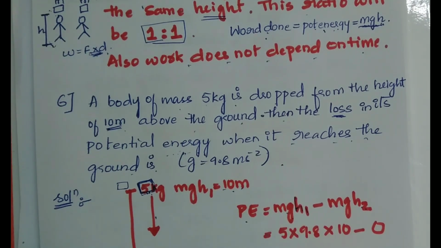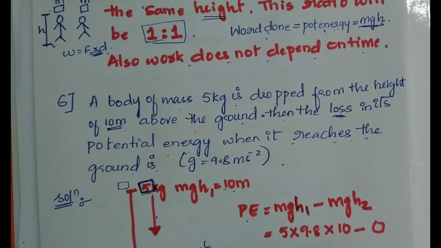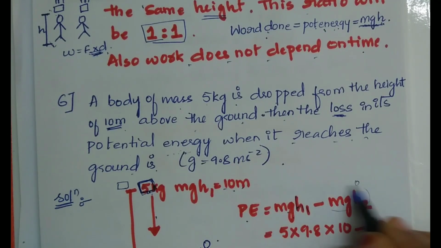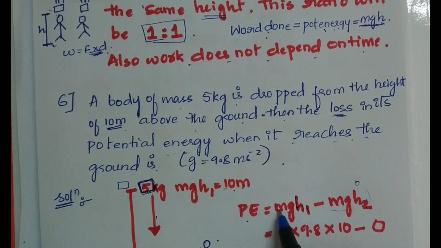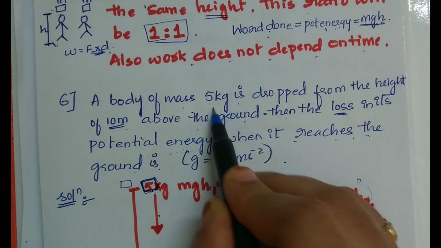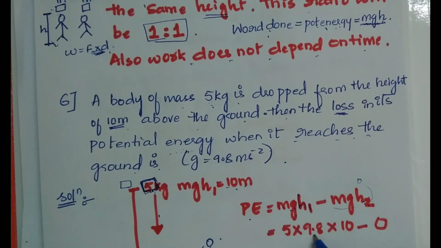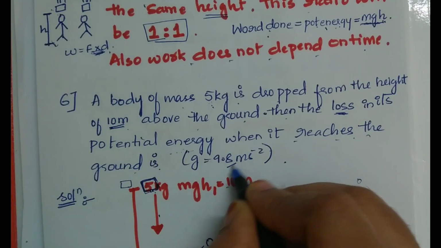When it reaches the ground, h will be equal to 0 since there is no height and the object is lying on the ground. So h2 equals 0. If this is 0, this whole term will become 0. We will get 5 as the mass of the object, and g is the acceleration due to gravity, that is 9.8, which they have given you.